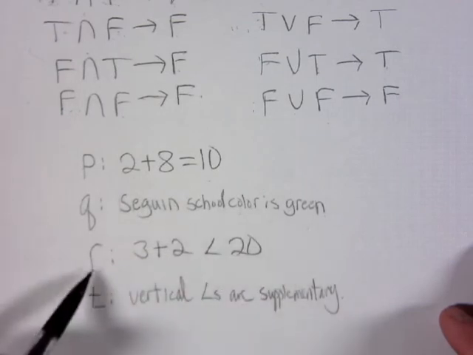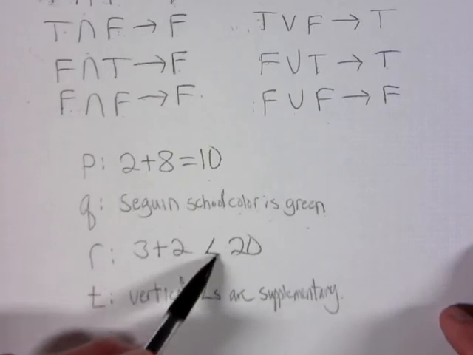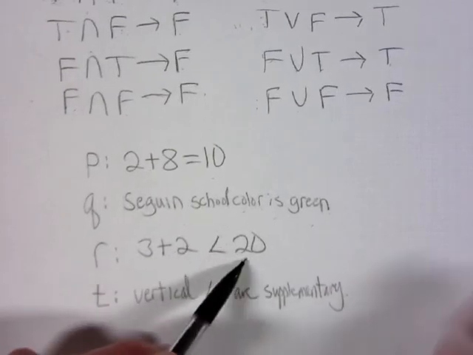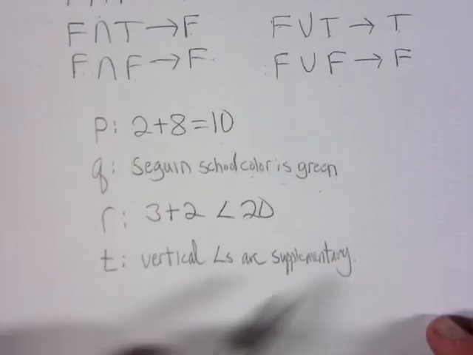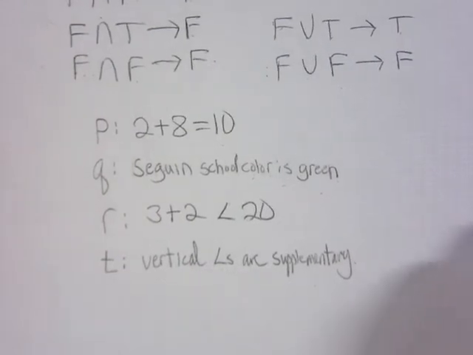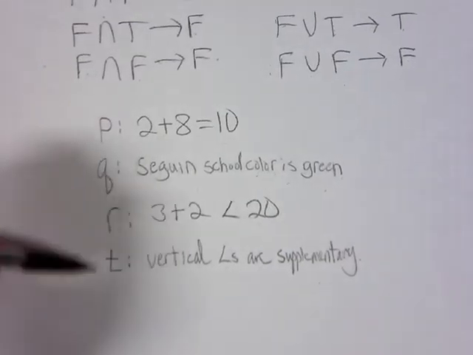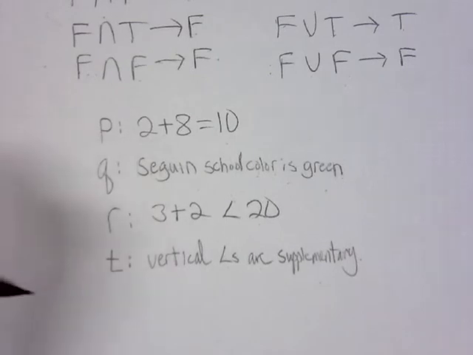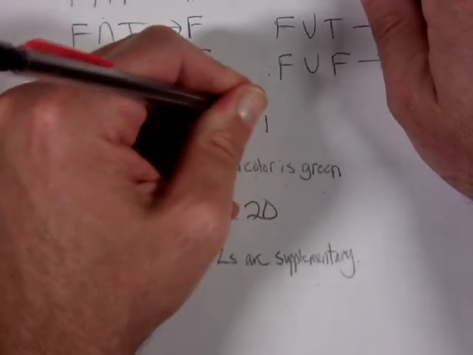Let's say that R stands for 3 plus 2 is less than 20, and T stands for vertical angles are supplementary. Now, in order to help us answer the questions correctly in the examples, we need to decide whether each one of these statements is true or false. So we're going to take them one at a time and decide the truth value of them. 2 plus 8 equals 10. That's a true statement. So P is true.